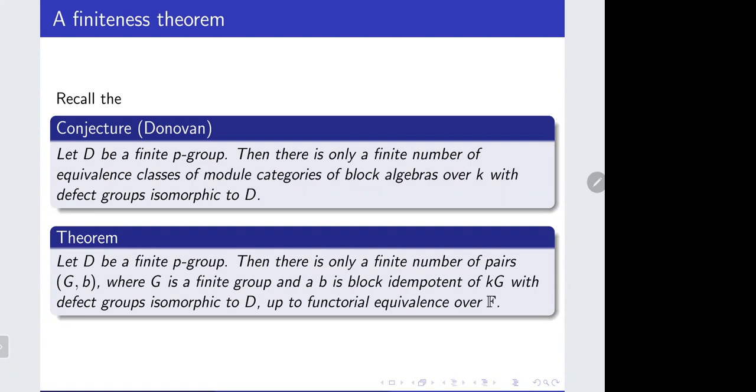Galois conjugate blocks. So when you have a block of a group algebra KG, you can look at the action of the Frobenius endomorphism of K, and it permutes the blocks of KG. So these blocks are called Galois conjugate.